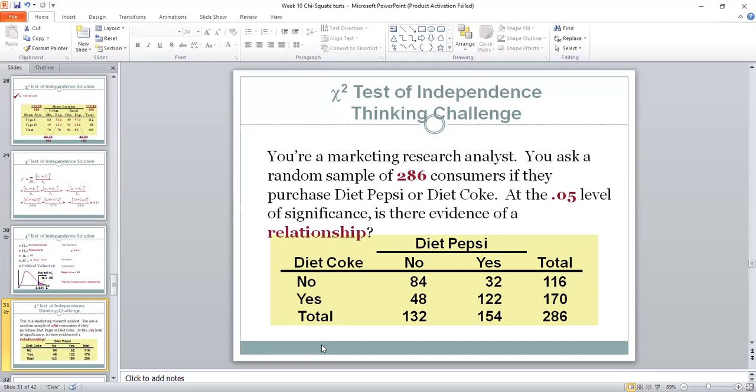The problem here was that those who consume Coke will consume what? Or the likelihood of those who consume Coke will consume what? Pepsi, Diet Coke.